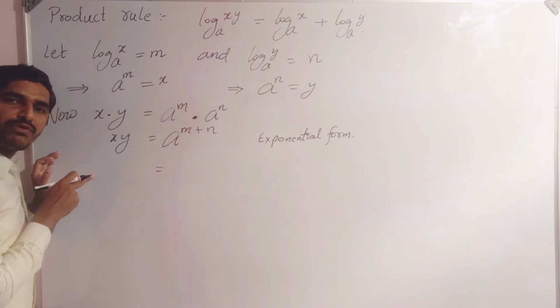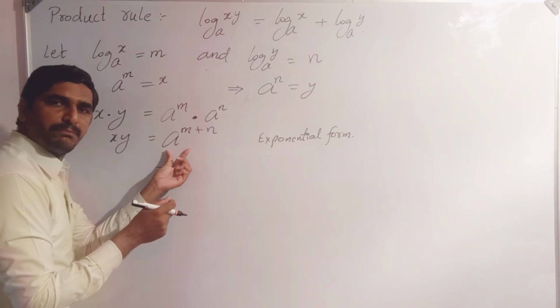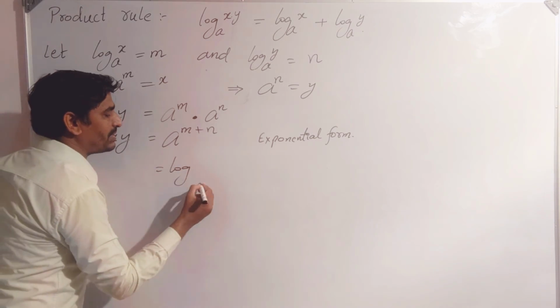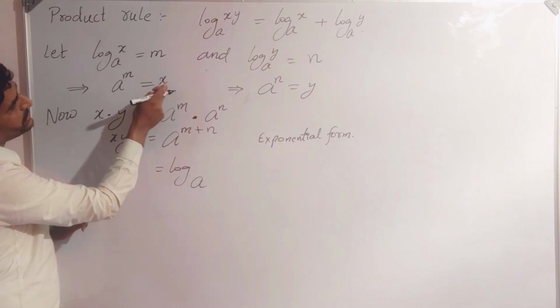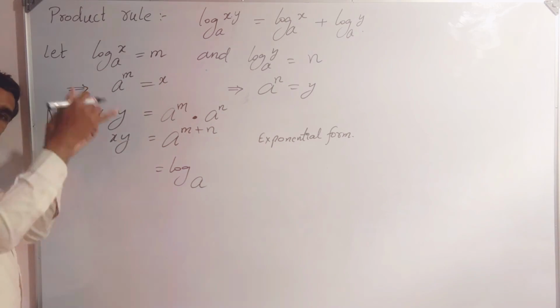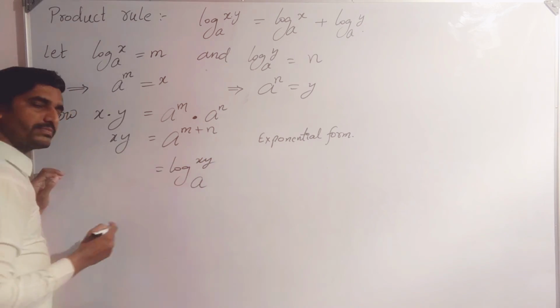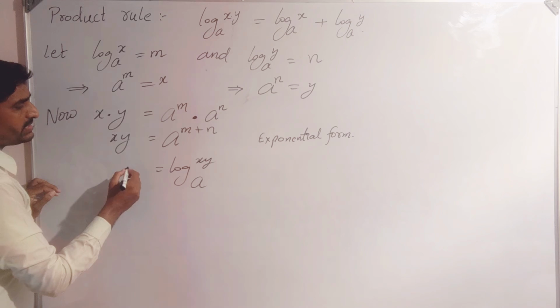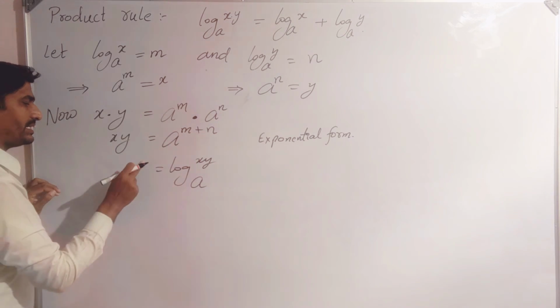Convert this exponential form into logarithms. See, this is the base, not changed. Logarithm comes, and these two are interchanged: the power and the outside number. This is xy. M plus n comes here.